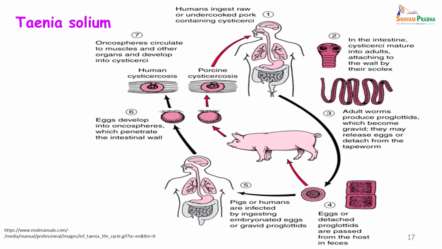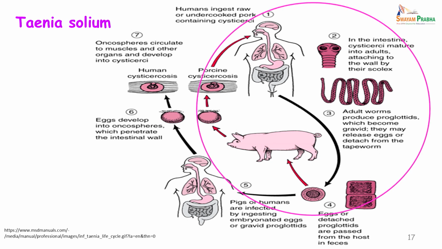Now, let us look at the life cycle of Taenia solium. This part of the life cycle is very similar to that of Taenia saginata. Humans will ingest the raw or undercooked pork containing cysticerci. These in the intestine will develop into the adult worm, and the adult worm will produce gravid proglottids, which are then released in the feces in chains of 5 to 6 segments.